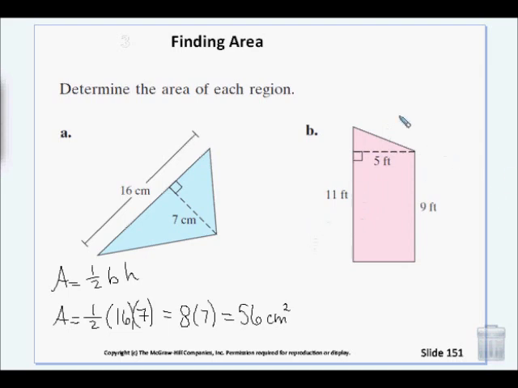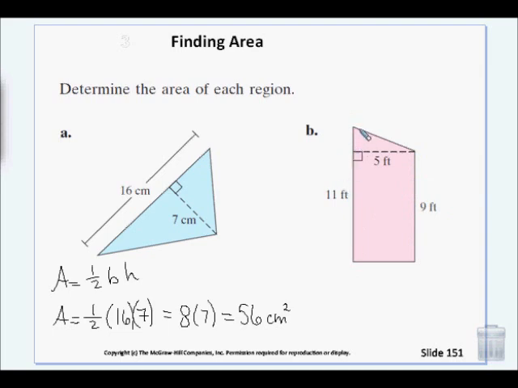Okay. Now here I have a rectangle and a triangle. See that? So if this whole side is 11 feet and this is 9 feet, I need to know what this little part right here is.